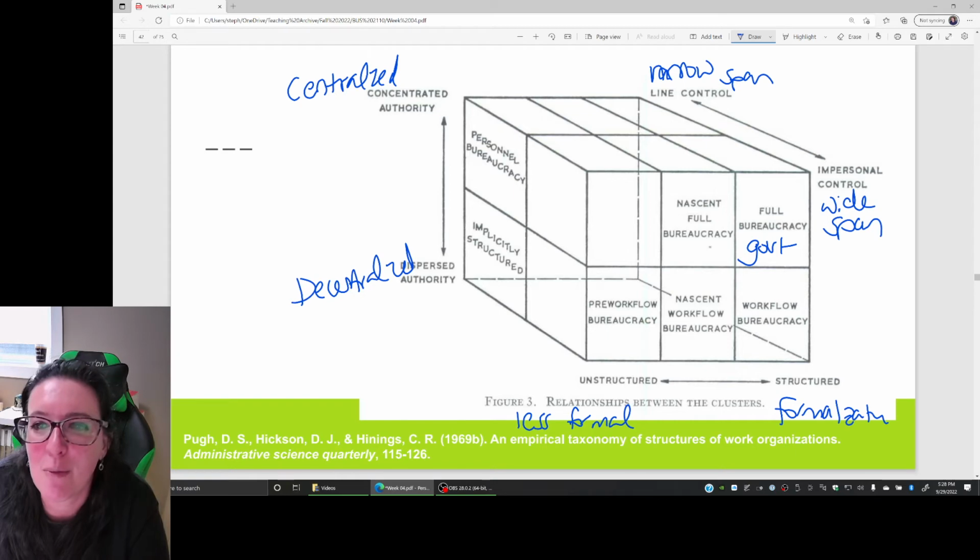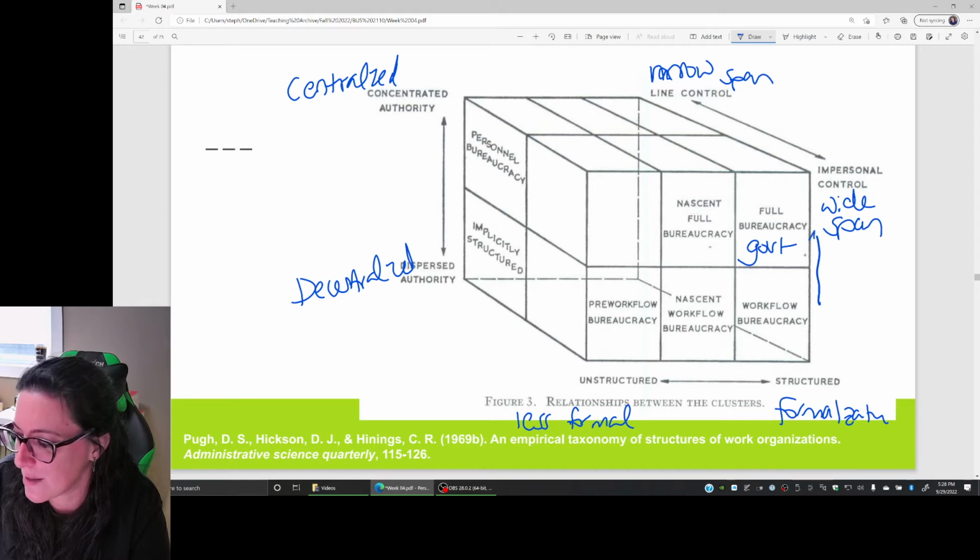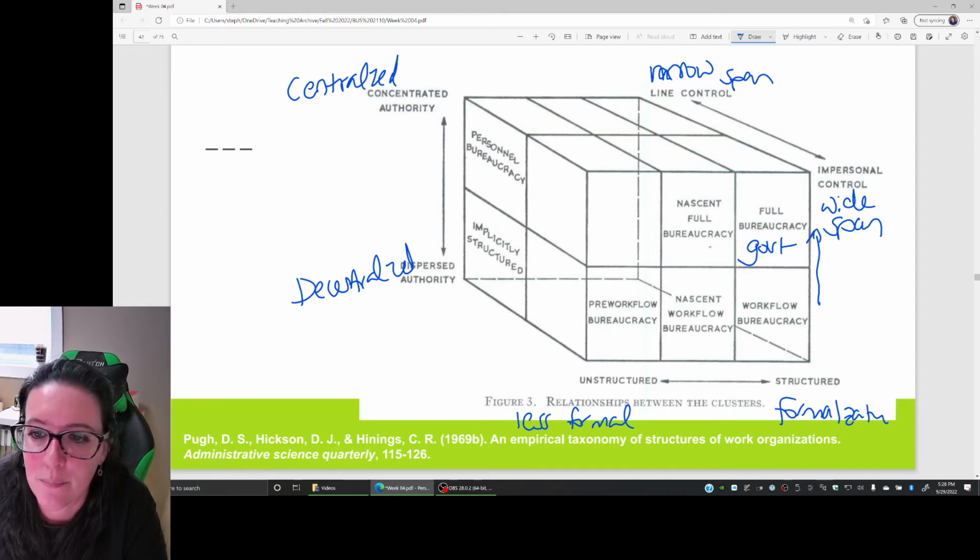So government entities tend to be more centralized, right? We are higher up in the box, so we're more centralized, more formalized, so more rules and procedures. And we can see here a wider span of control. So more people working for a single manager is how governments tend to be structured, and government-owned organizations.